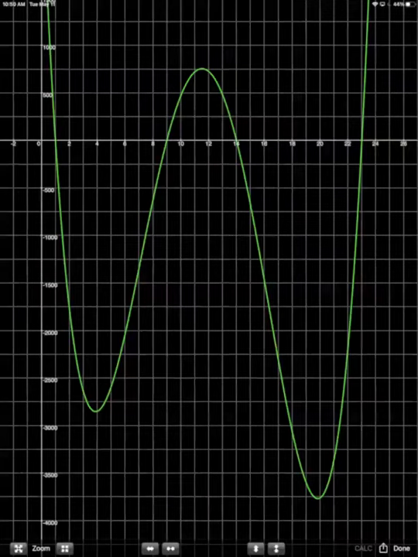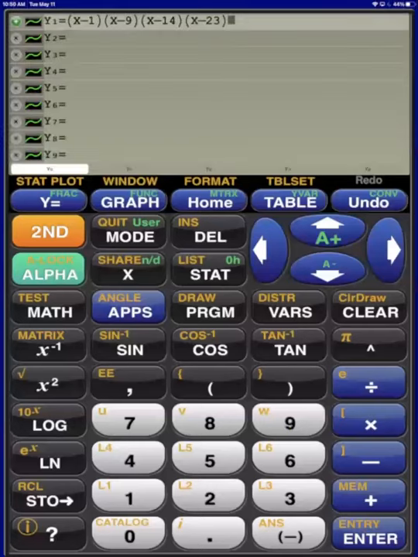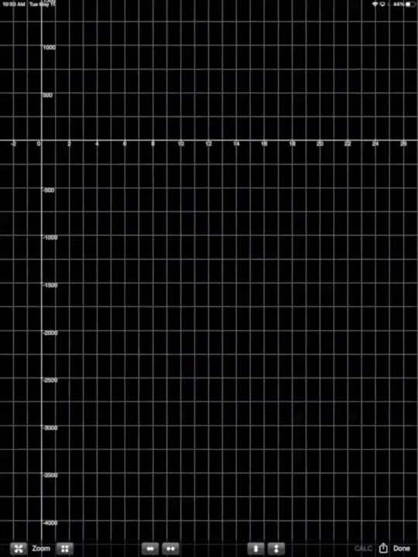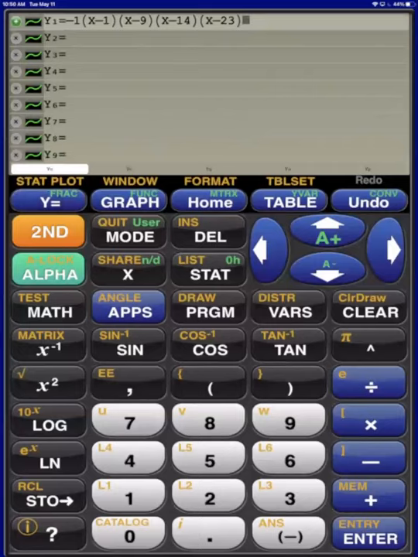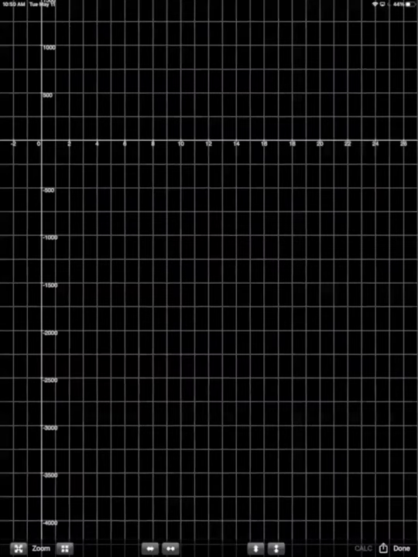So why don't we go back to our y equals screen and second insert. And I'm going to put a negative sign there. And it looks like our calculator wants a number also, so we'll put a -1. So that's good. And let's graph this. This should do what we want. And where did it go? Graph.